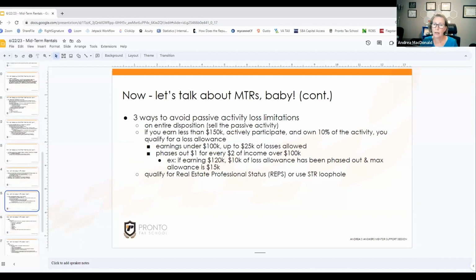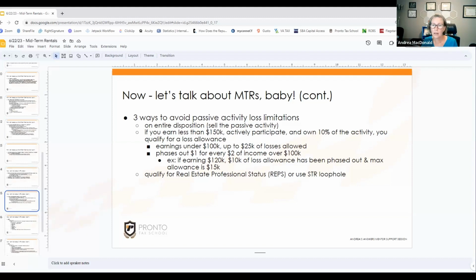Now, we already talked about 3 ways to avoid passive activity loss limitations. Those rules are the same, so this slide should look very familiar. The 3 ways to avoid passive loss rules are an entire disposition, meaning you sell the property. In this case, we're going to say rental properties, but these rules apply to any passive investment. So you sell the rental property.